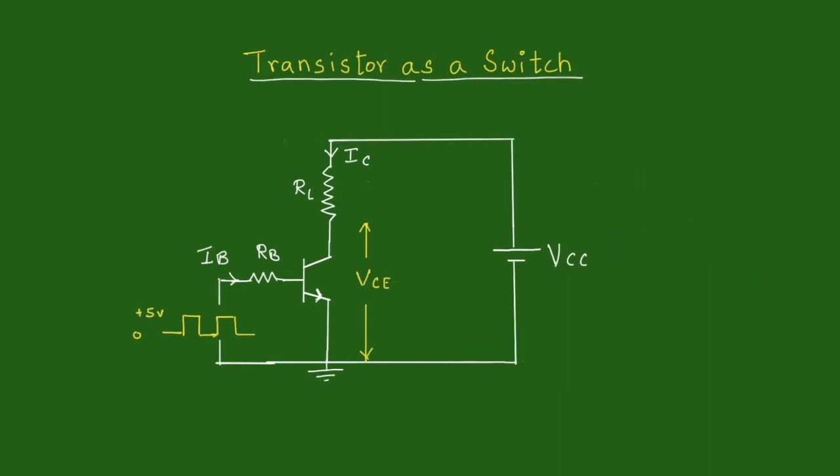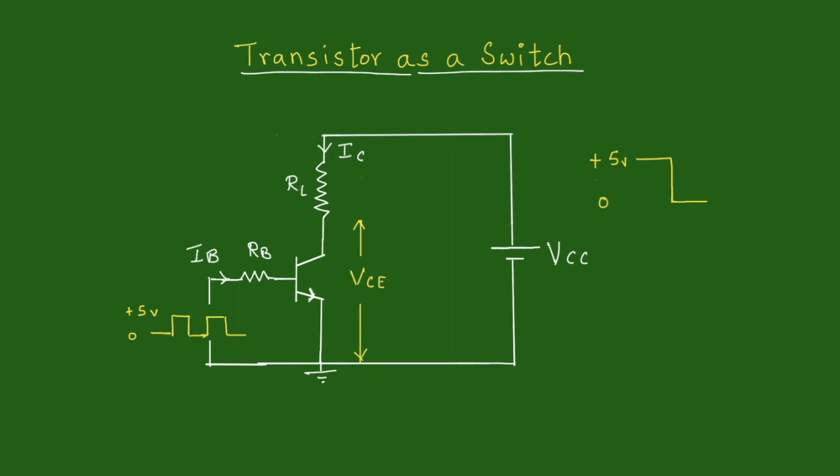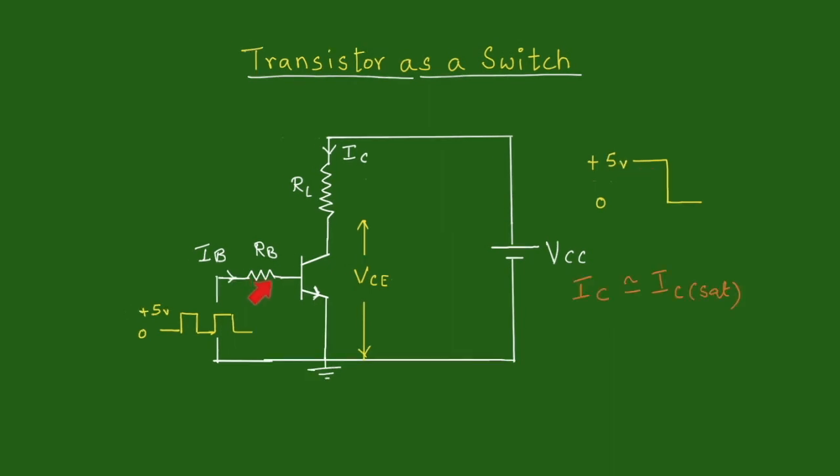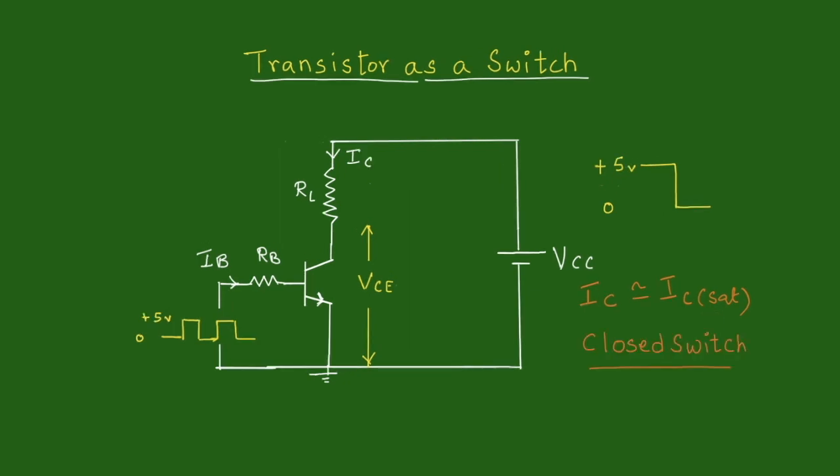Value of resistance RB can be selected in such a way that when VBB is equal to plus 5 volt, IB will be close to IC saturation upon beta. This will give IC equal to IC saturation, and operating point of the transistor will be in the portion of the load line which is in the saturation region, and the transistor will act as a closed switch.